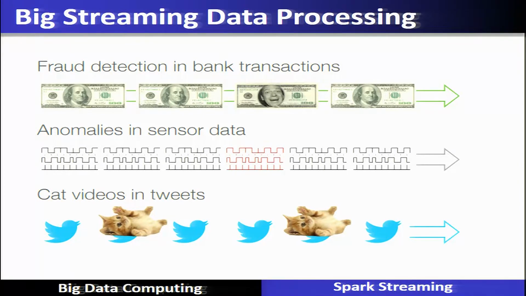Similarly, we want to do the analysis of tweets, and based on this analysis we can find out the sentiments or the mood of the people at a particular instance. So this online, real-time tweet analysis also requires streaming data processing.